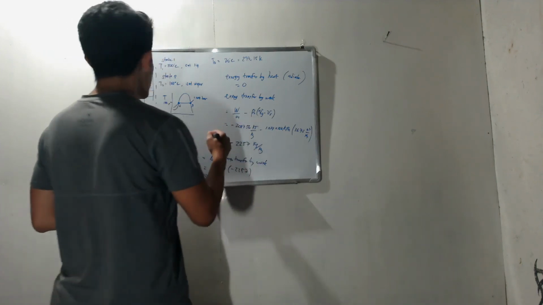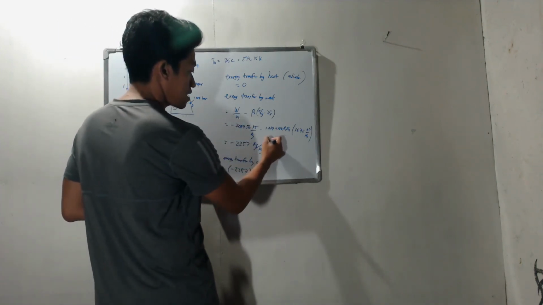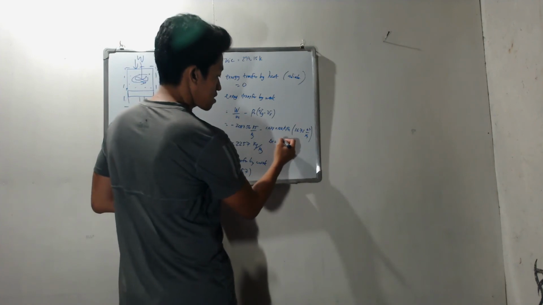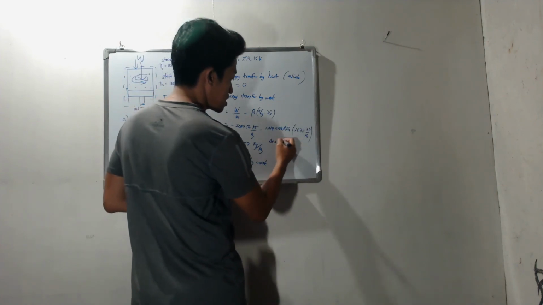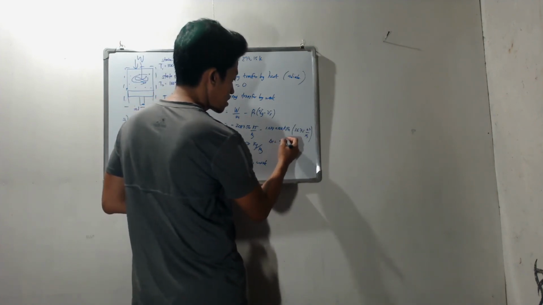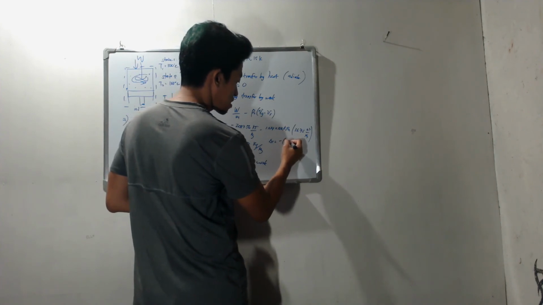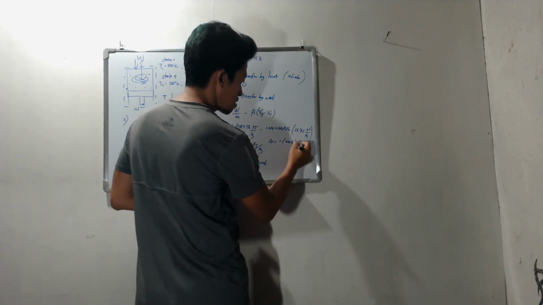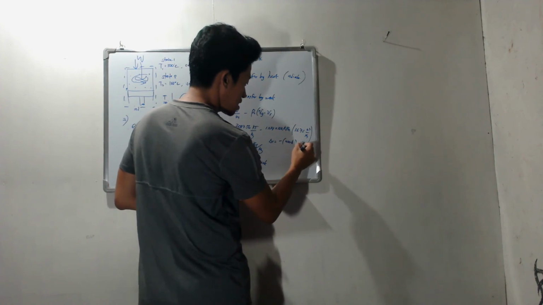So derive the equation: delta E is equal to exergy transfer by heat (0) plus exergy transfer by work minus ED.